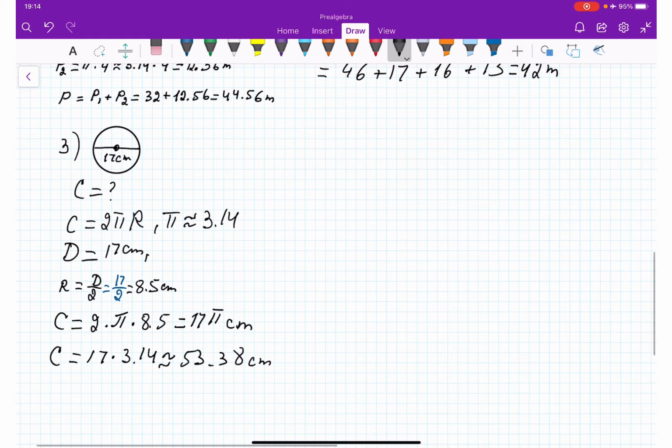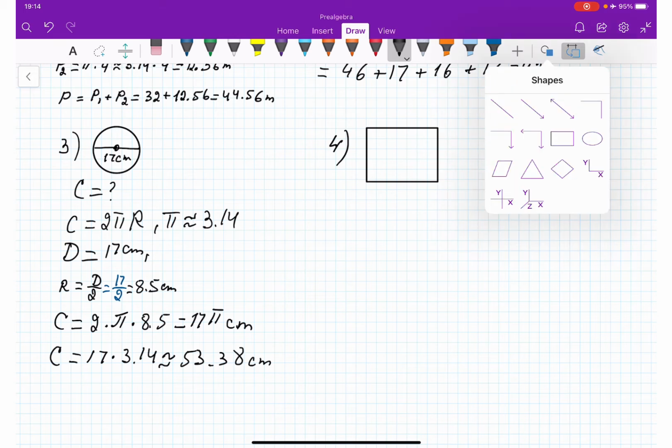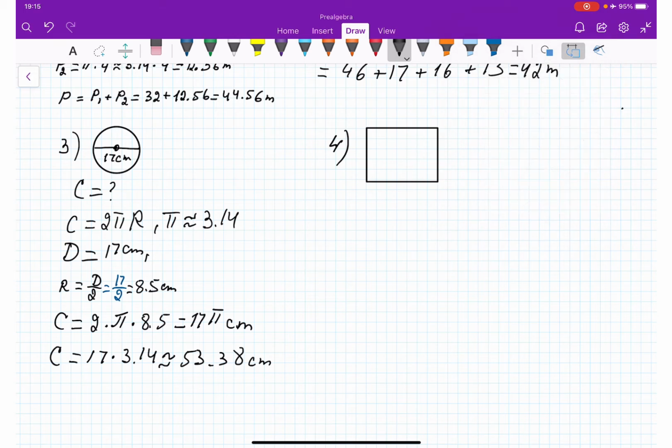Question number 4. Find the distance around the square. So it's going to be the same, perimeter. Is it a square? Not precisely, but I think I have a square here. No, I don't. That's all right. You can use your imagination. We have a square, which means all sides are equal, and one side is equal to 52 yards.